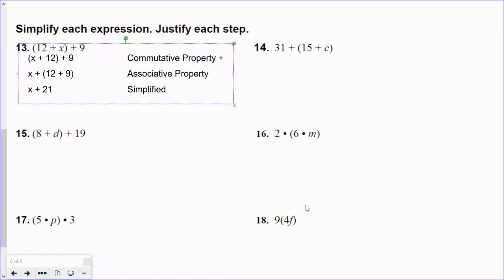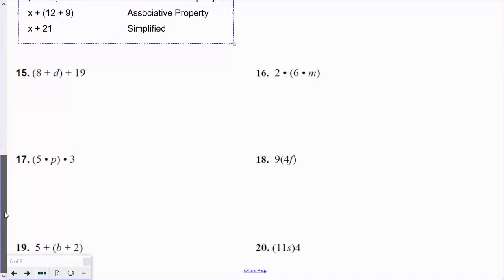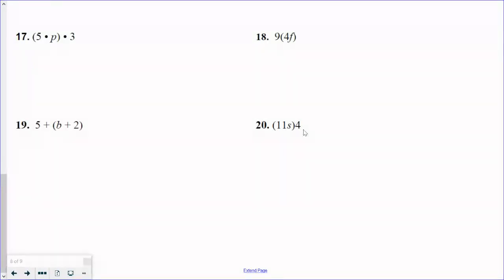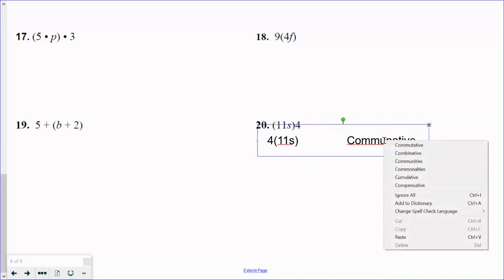Okay, let's look. Is there another one that looks really tricky on us? Let's look at 20. Notice they have the 4 on this back side. We can use our commutative property of multiplication, put it in the front. That's our commutative. I misspelled it again.